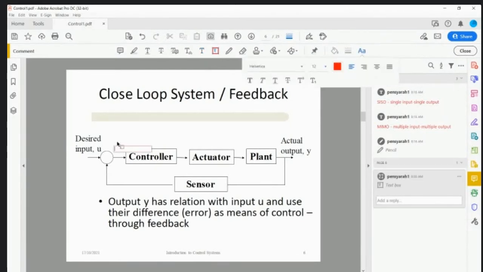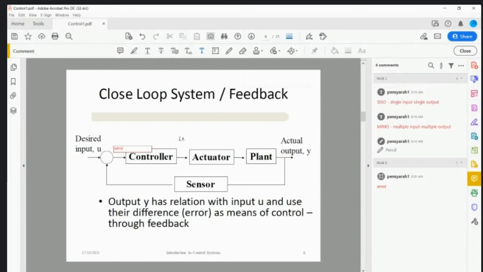Here is what we call the error, meaning the error is the difference between the input and the actual output. The error will be used by the controller, meaning the controller will use the error information in order to provide the control signal.